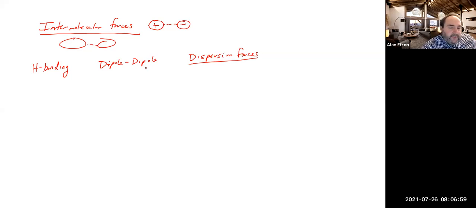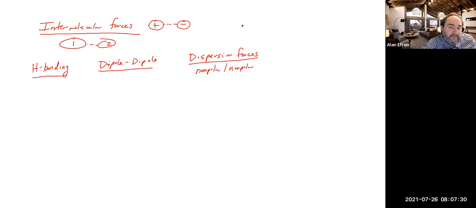Each of these has, as we talked about, a class of molecules that use it as a way that one molecule interacts with another molecule and holds them together. Starting with dispersion forces, this is the main attraction that we see in a nonpolar molecule hanging out with another nonpolar molecule.